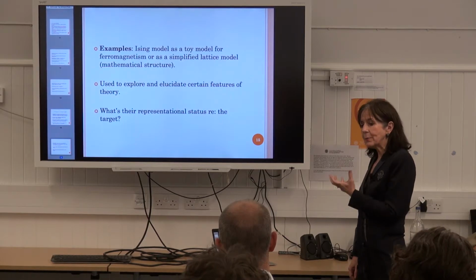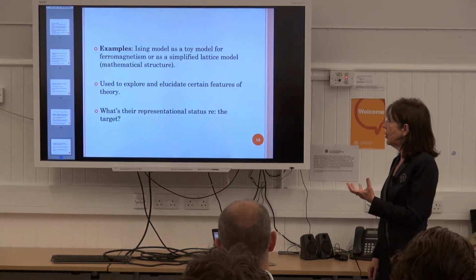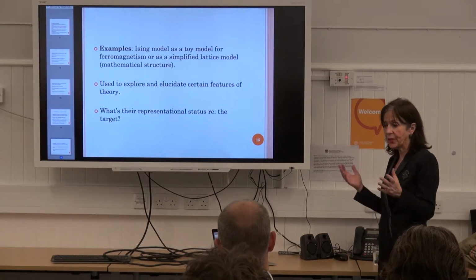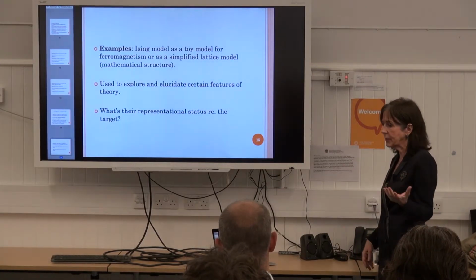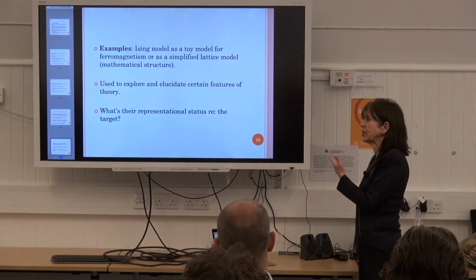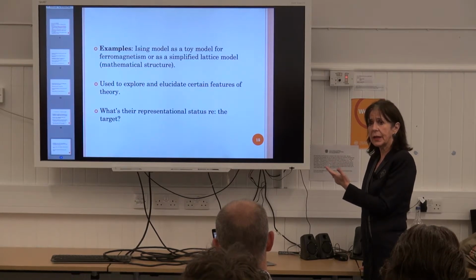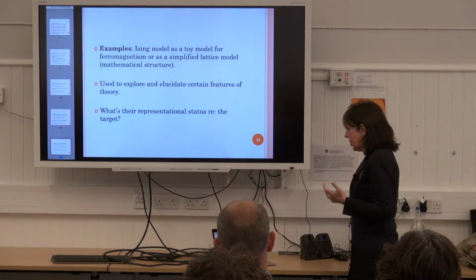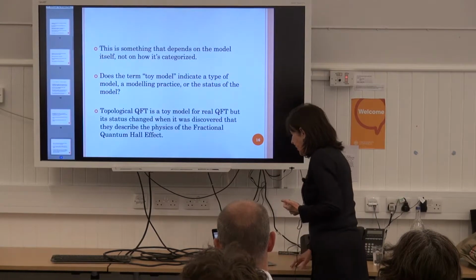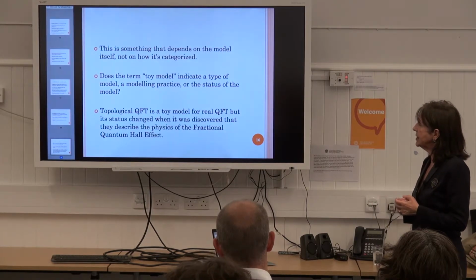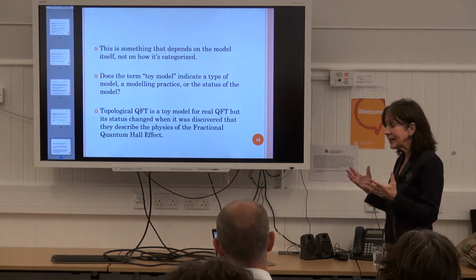And then that model is used to explore and elucidate certain features of a theory, so ferromagnetism or other sorts of theories. So you ask then, well, what's the representational status with respect to the target? And the answer to that, I think, is that it depends on the model itself.